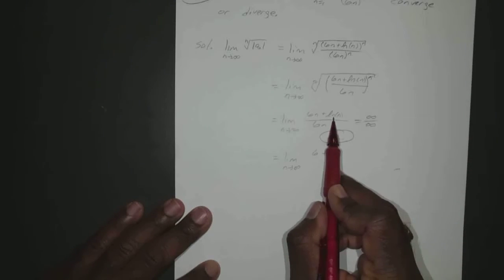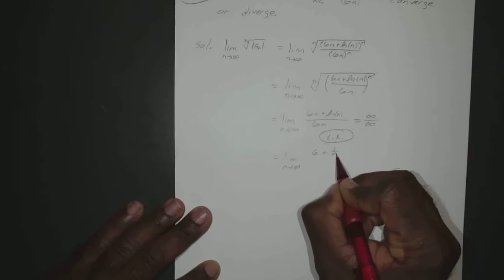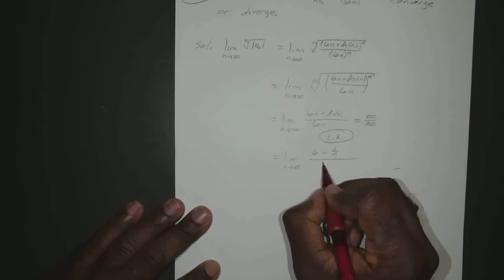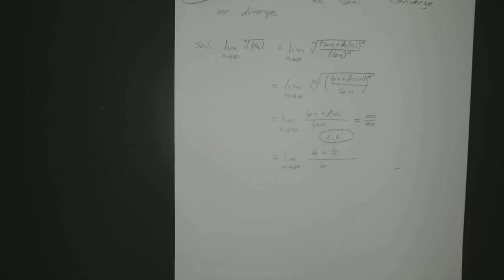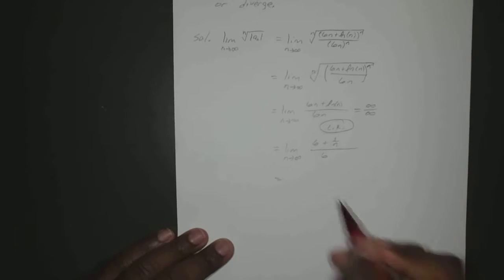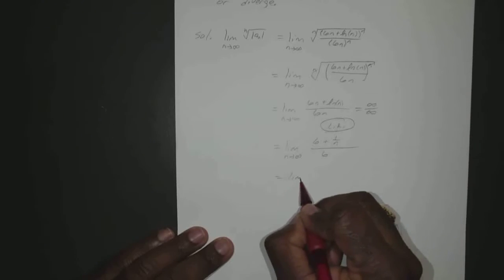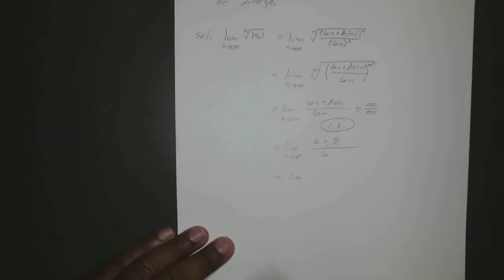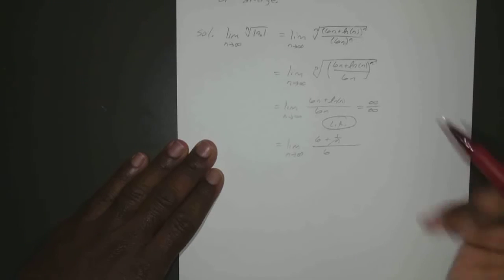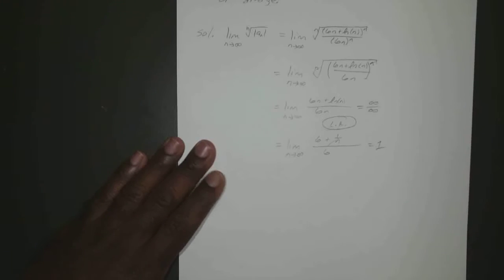The derivative of natural log of n is 1 over n. And the derivative of 6n is just 6. Okay, so that equals the limit. Actually, as n increases, 1 over n approaches 0. So we really don't need another line because 6 divided by 6 is just 1. So it's inconclusive.